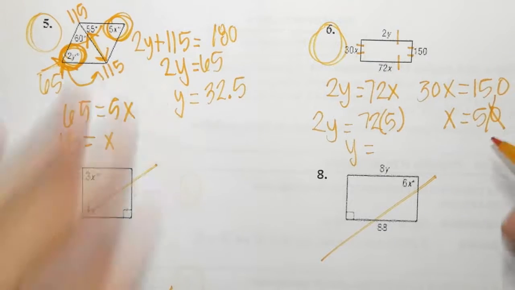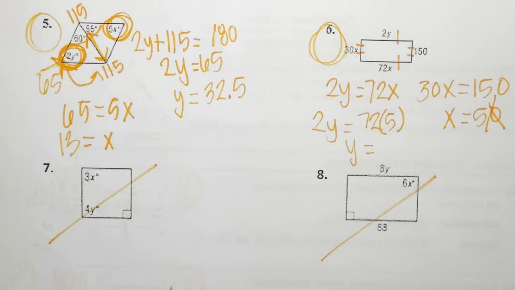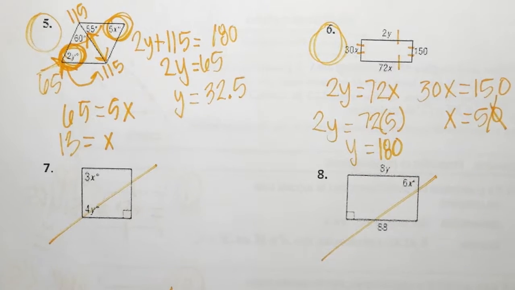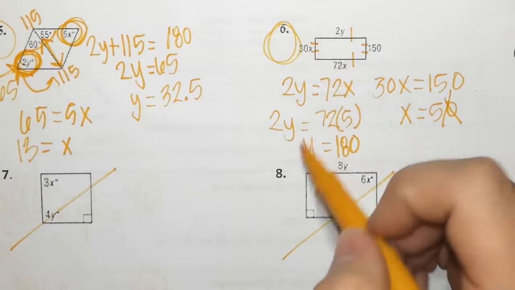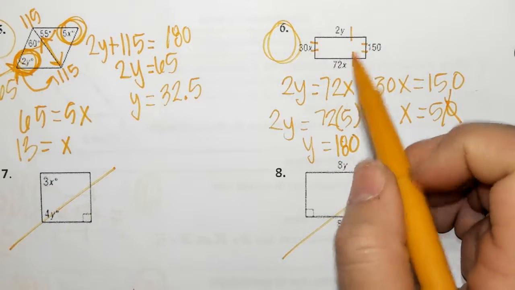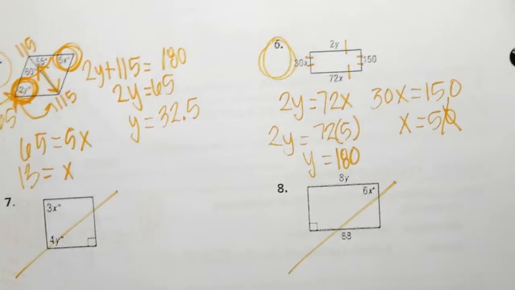Okay, so y is equal to? Which, at first, if that was an angle, it wouldn't work because 2 times y would make an angle 360. Okay, but this is a side, so it does work.